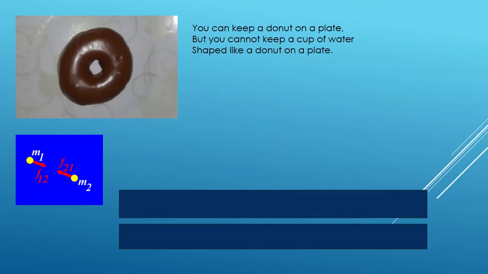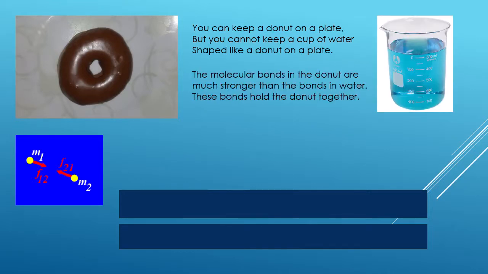You can keep a donut on a plate and it will hold its shape, but you cannot keep a cup of water shaped like a donut on a plate, because the molecular bonds in the donut are much stronger than the bonds in water.